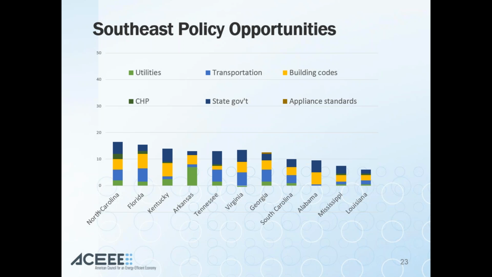I didn't mention financing in the Northeast, but I probably should have. That is also something that's a hot topic in the Southeast. Our partner, the Southeast Energy Efficiency Alliance, has a partnership with the Environmental Finance Center at the University of North Carolina, Chapel Hill, called the Southeast Energy Efficiency Finance Network, and they are exploring financing options for the region.